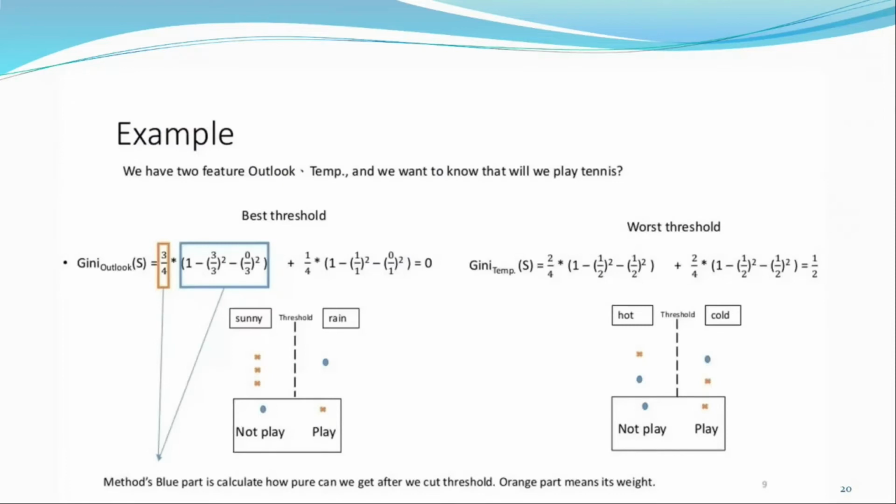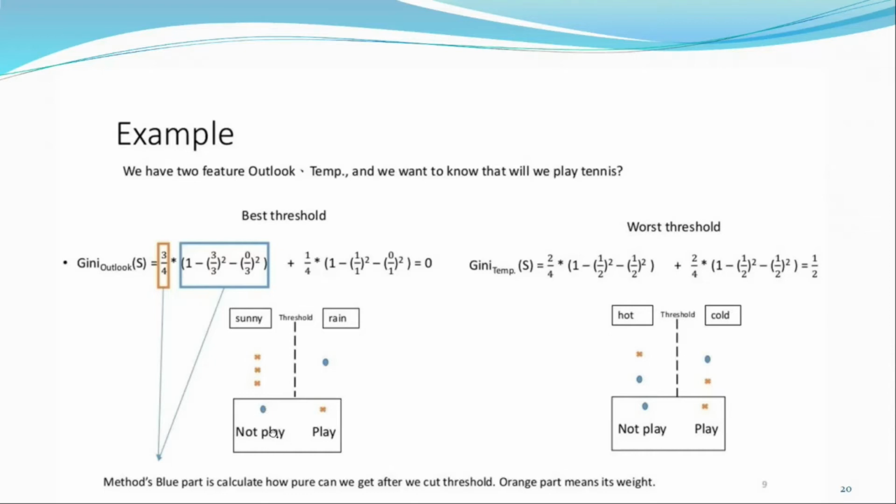Now let's consider an example to understand this. Suppose we have two features, outlook and temperature, and we want to know whether we want to play a game or not. So here we have two classes: not play and play.